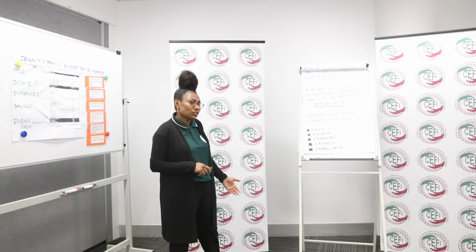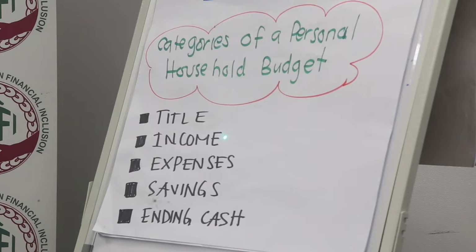We're encouraging a savings culture here, so your savings should link to your savings plan that we discussed earlier on. Whatever you are budgeting under savings should capture what you've already outlined in your savings plan. And most importantly, in a personal household budget, you should at all times have ending cash.